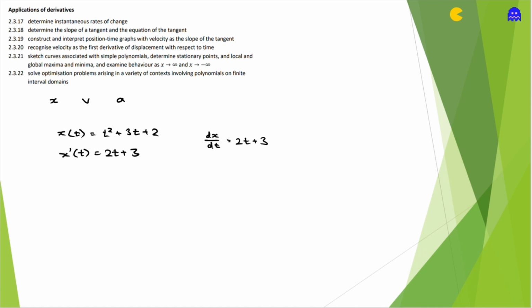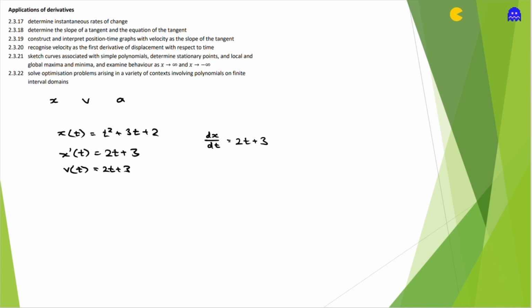And so what this represents is the rate of change of displacement with respect to time. And so the rate of change of displacement with respect to time, we refer to that as velocity. Okay? So velocity is the rate of change of displacement with respect to time. And so we can equally write this as a function: velocity with respect to time is equal to 2t plus 3.